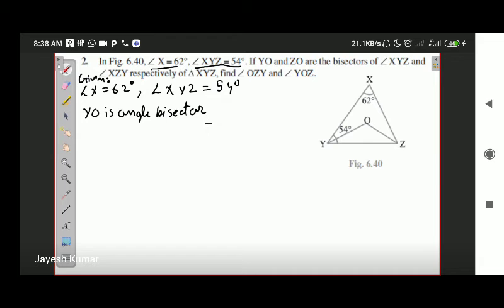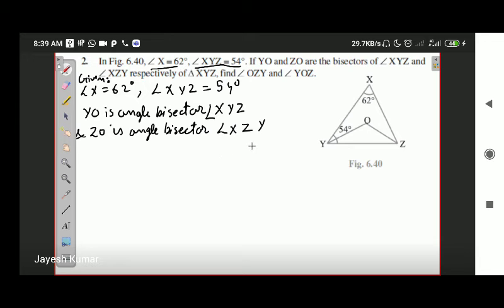keep in mind students, in geometry you have two types of bisectors. One is angle bisectors that divide the angle into two equal parts. Another one is line bisectors, that divide a line segment into two equal parts. YO is angle bisector for angle XYZ. And another one, ZO, is angle bisector of angle XZY.